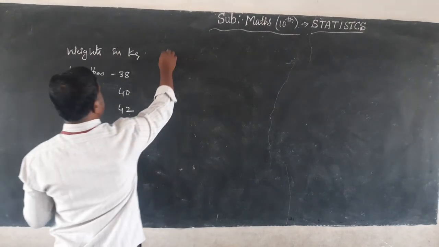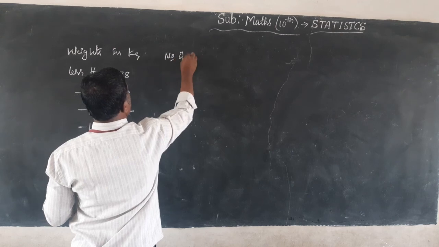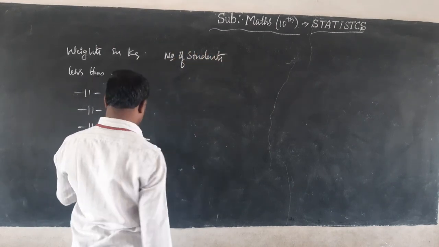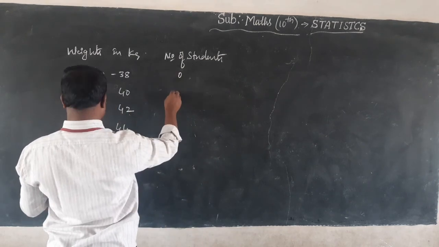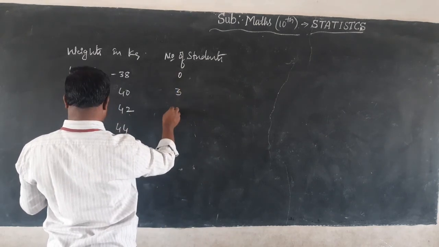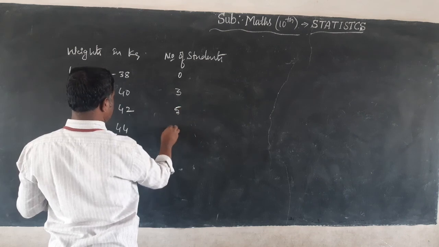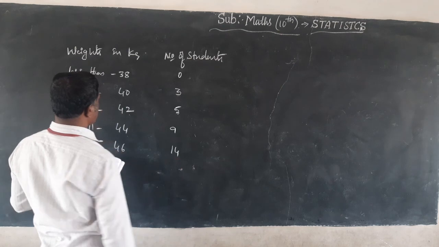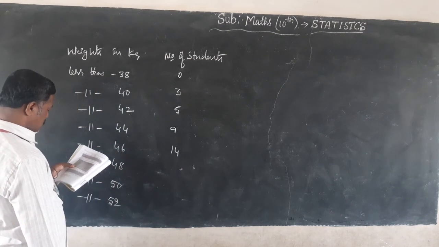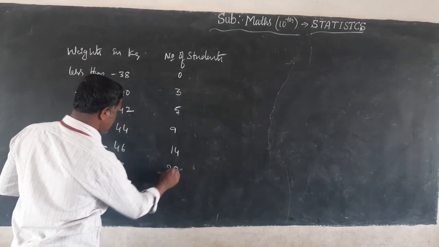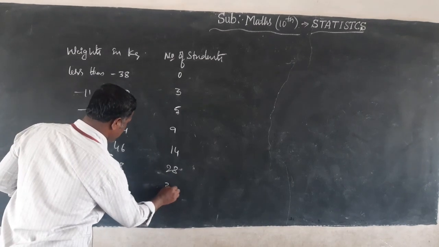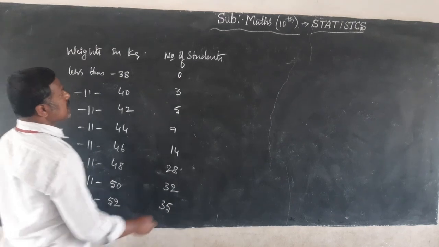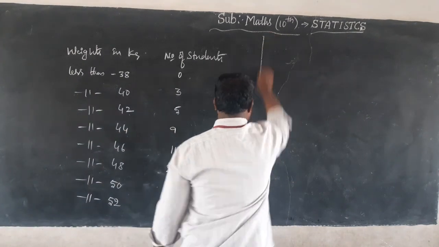Number of students: here 0, 3, 5, 9, 14, 28, 32, 35.